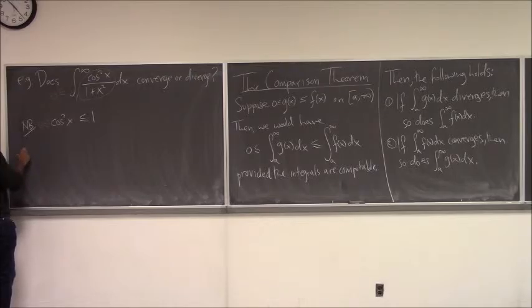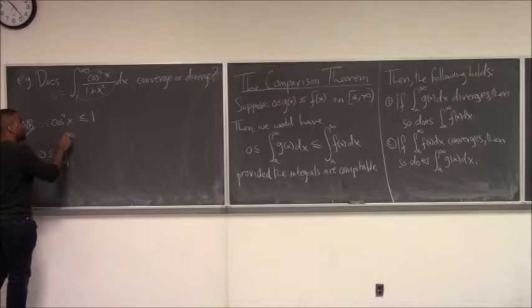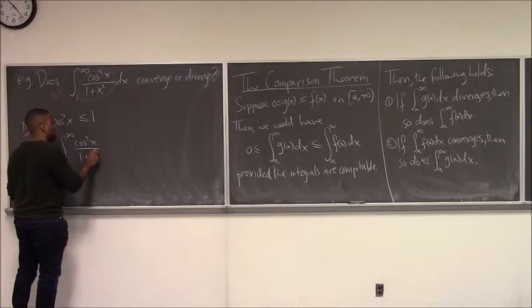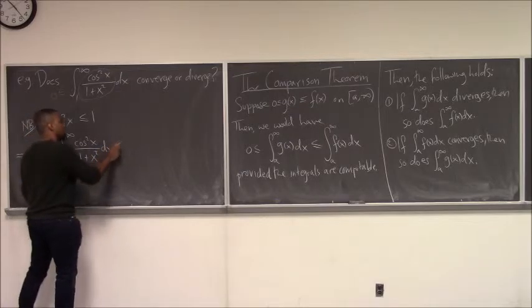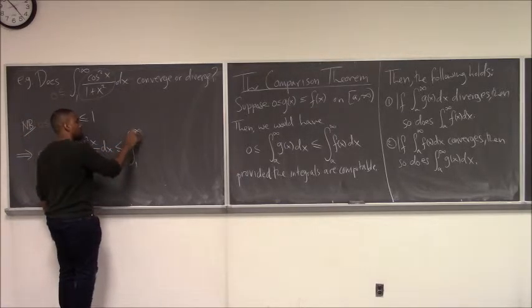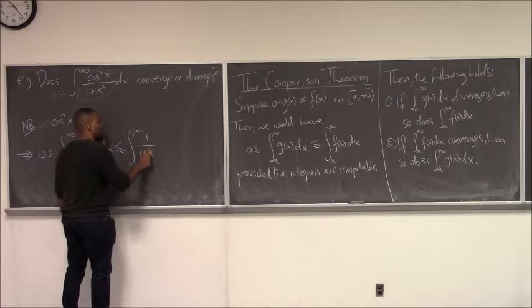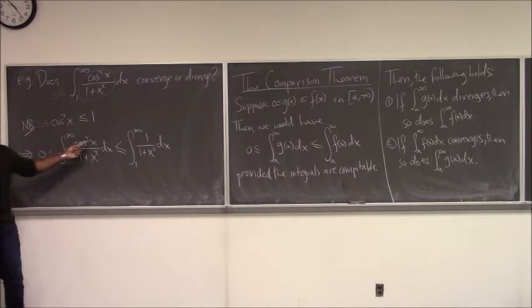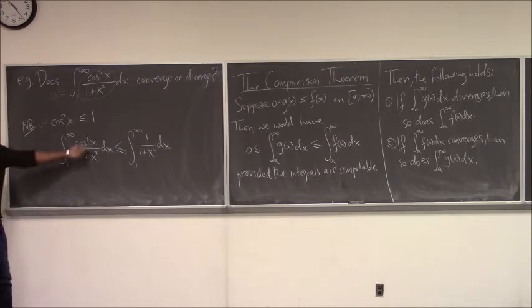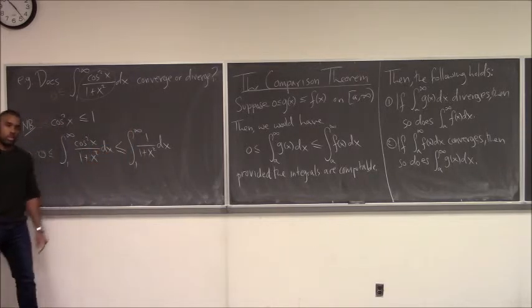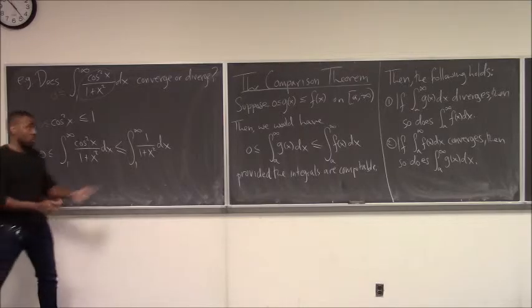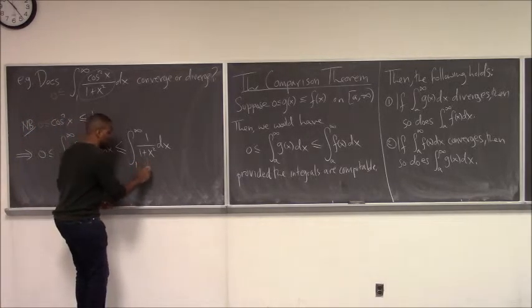So this ultimately means that this integral that I care about is actually less than or equal to that integral. Because cosine squared is always less than 1, so this expression is always less than that expression, less than or equal to. And it turns out we know about this expression. We know this converges.